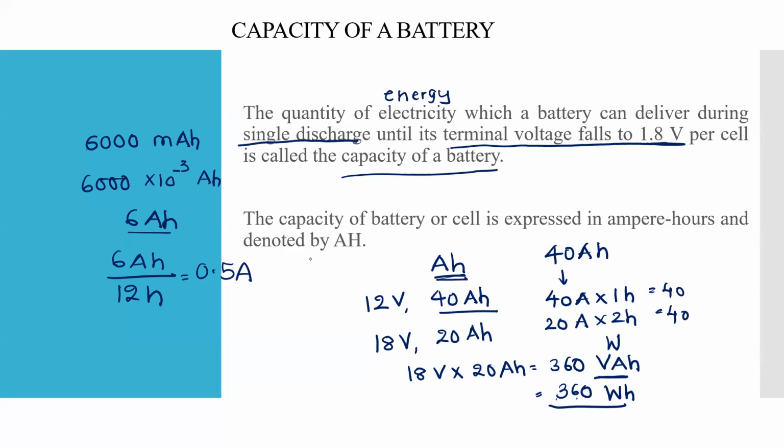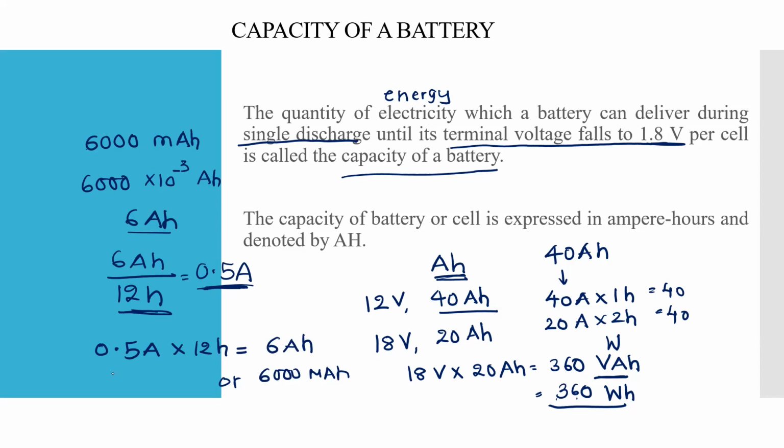Exactly. Okay. It is 5,000 milliampere hour. So that means the battery of your mobile is actually providing 0.5 ampere current for 12 hours. Your battery is providing 0.5 ampere current for 12 hours, and that's why you call it 6 ampere hour, or a 6,000 milliampere hour battery.